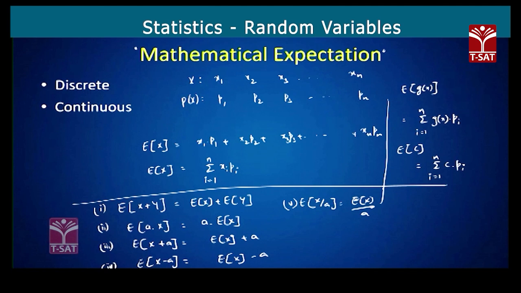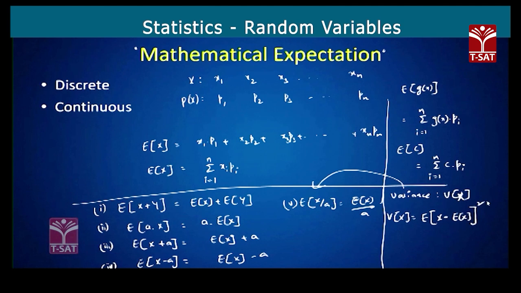Now we'll see one new thing here, variance, which is denoted by V of X. Now we will establish a relation between the expectation values and the variance. So this variance of X is given by expectation of X minus expectation of X, whole square.